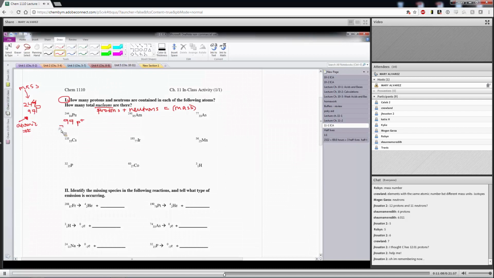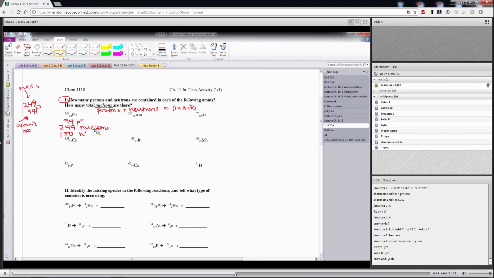I have 244 total nucleons, because that's my mass. And that means that my neutrons must be the total number of nucleons, subtract my number of protons, and I should get 150 neutrons. Does everybody feel comfortable with section 1? We've done something similar back in chapter 2, but it doesn't hurt to look at it again.